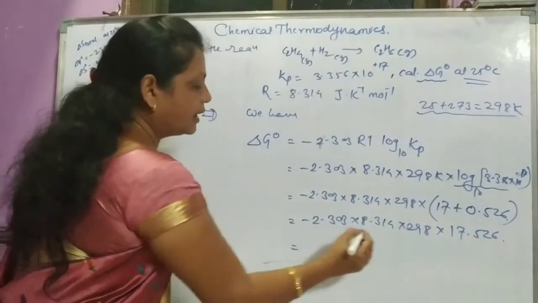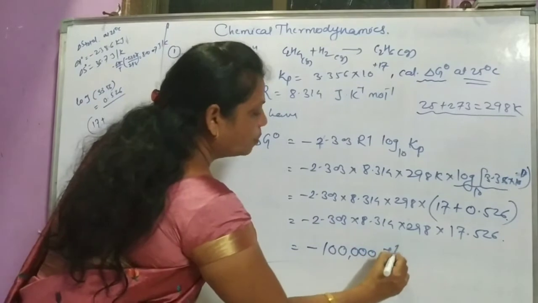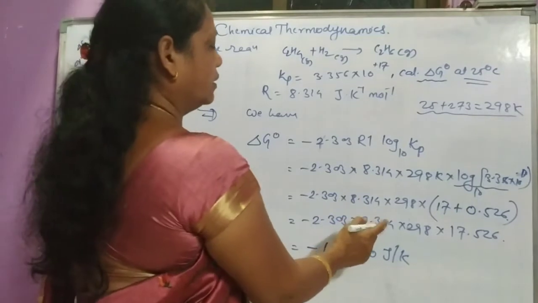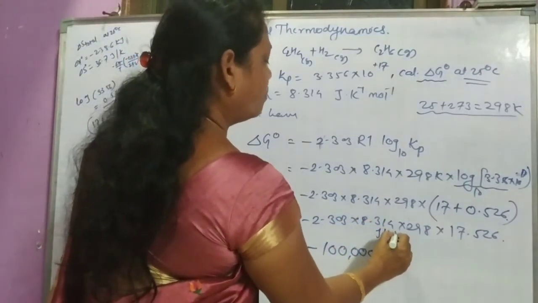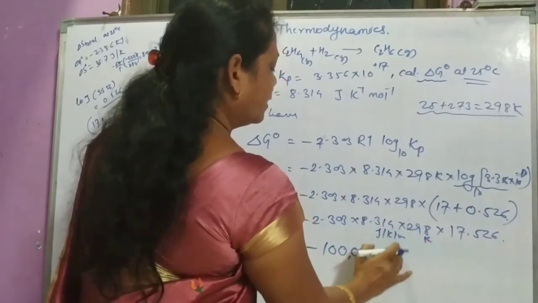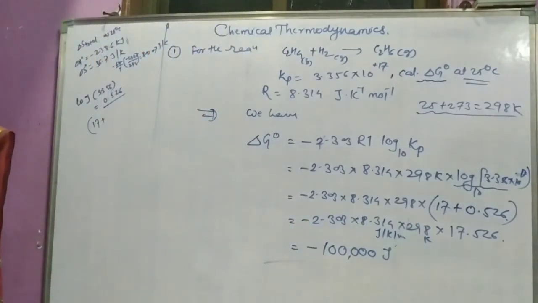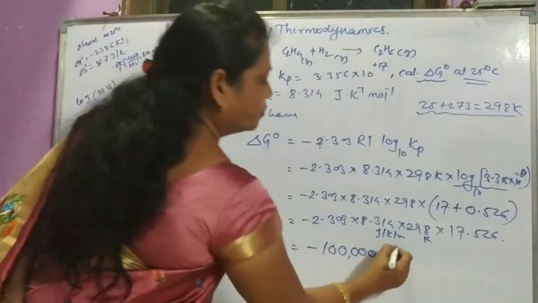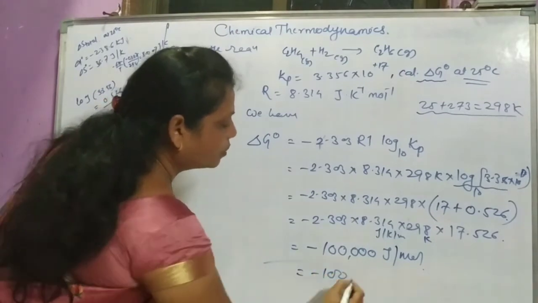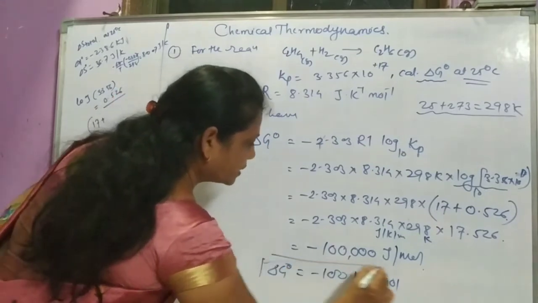After calculation, that is minus 100,123 joule per mole. Here the units are joule per Kelvin per mole and Kelvin, so Kelvin cancels, and del G is in joule per mole. This is equal to minus 100 kilojoule per mole. Del G is equal to this much.